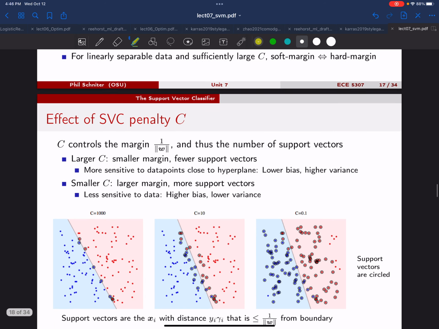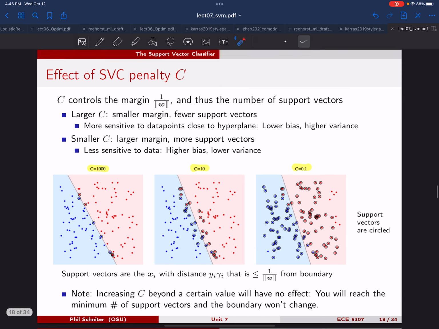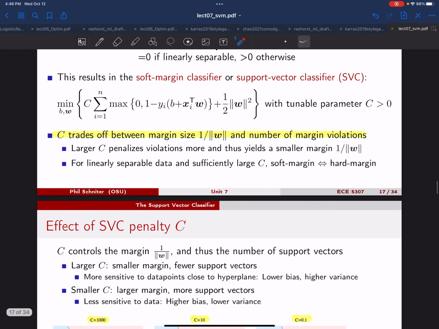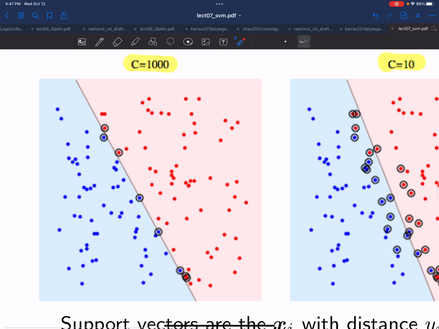So here are some illustrations of different values of C. This is C equals 1,000, C equals 10, C equals 0.1. When C is very large, you really don't want samples to violate the margin. If you look at this left picture, the support vectors are circled.